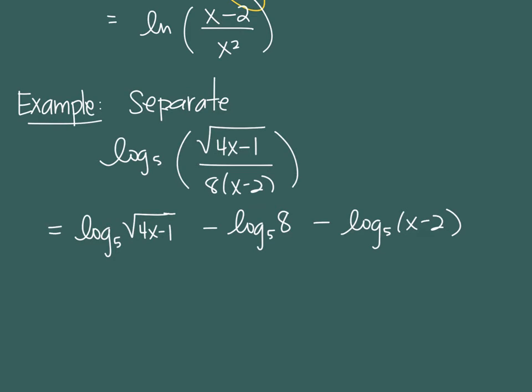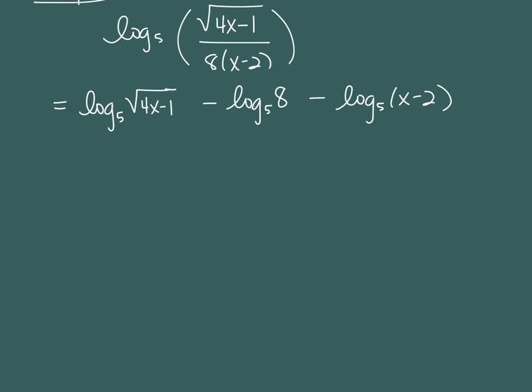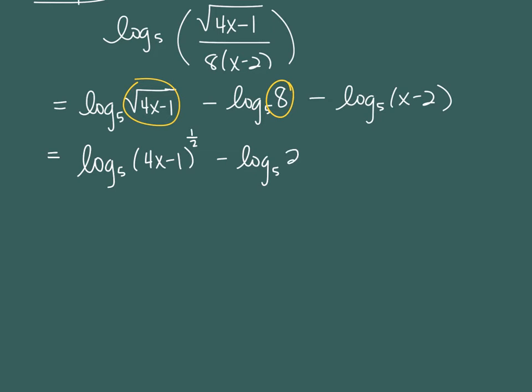So that's the first part, the separation. The second part is the powers. And again, you might look at that and say, I don't see powers. But you got to train yourself to see a power in the 8, and you have to train yourself to see a power in the radical. Because the log turns that radical into 4x minus 1 to the half. And it turns the 8 into 2 cubed.